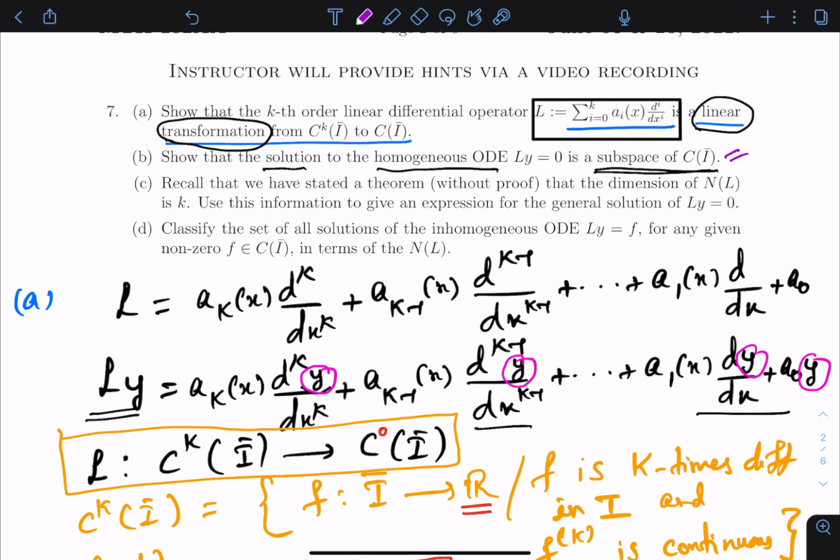Now let's show C. What is C saying? Recall that we have stated a theorem that the dimension of N(L) is k. Use this information to give an expression for the general solution of this.